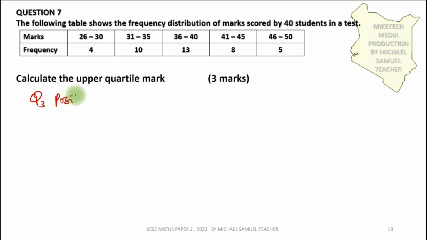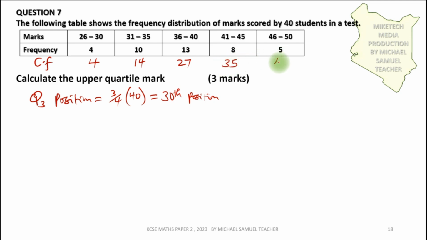So the position of the upper quartile will be 3/4 of the number of students, which is 40. Therefore the position is the 30th position. So in such a case, we also require the cumulative frequency. So that will be 4 plus 10, 14, 14 plus 13, 27, 27 plus 8, that is 35, 35 plus 5, 40.